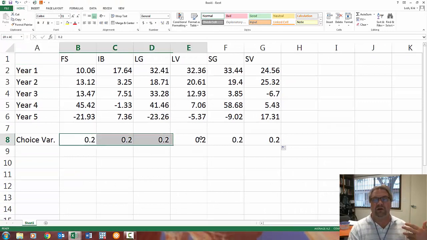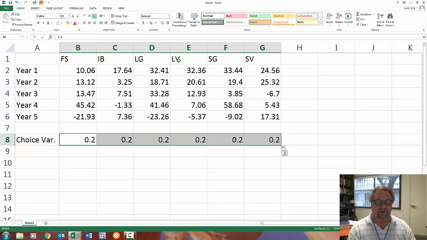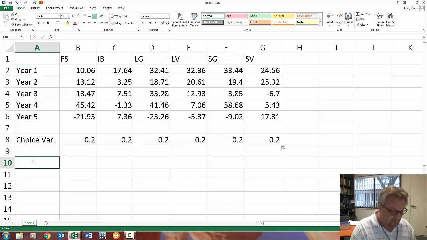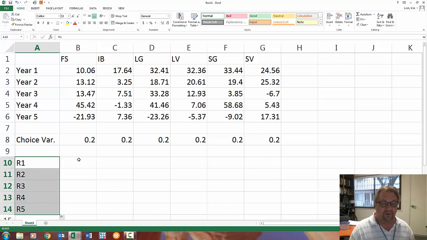If we invest so much in each of these securities, what will our return be in year 1, year 2, year 3, year 4, year 5? All right. And as your book points out, we're going to say that these are all equally likely. Okay. So as before, what is return 1? So I need return 1 to return 5.